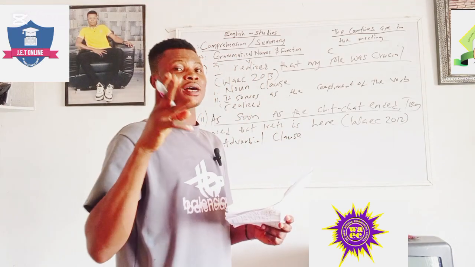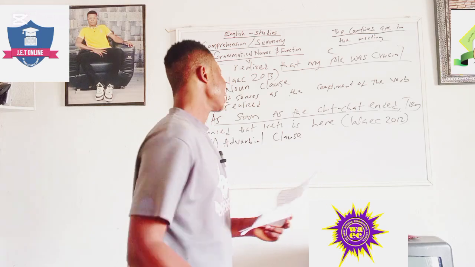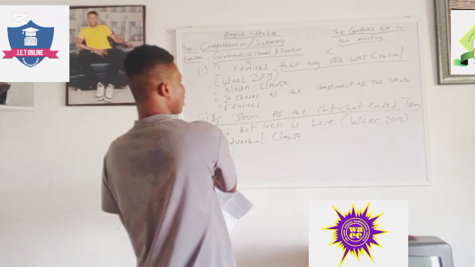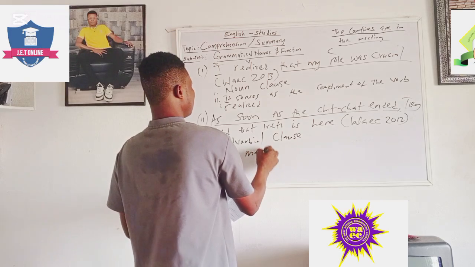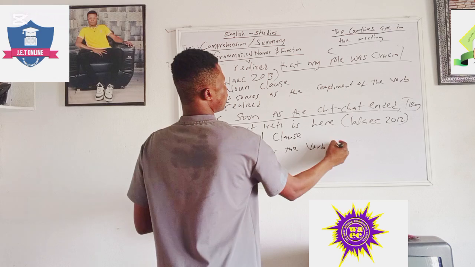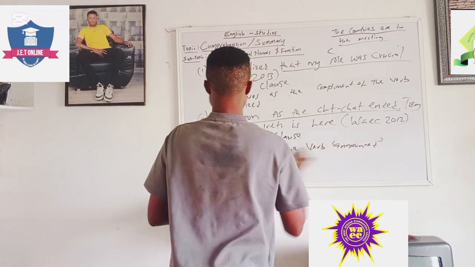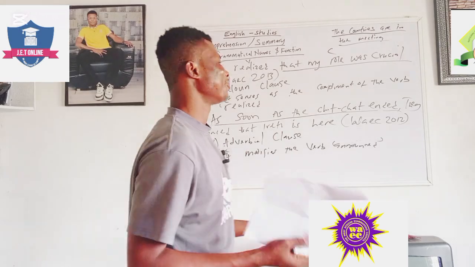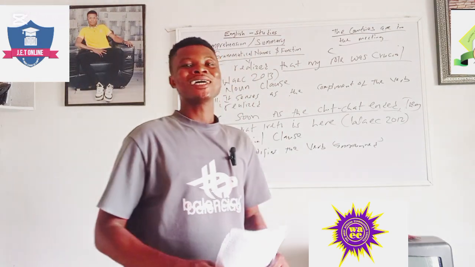Don't forget the function of an adverbial clause or phrase is that it modifies a verb. And what verb is it modifying? It modifies the verb announced. So you discover that you've answered your question on grammatical name and function.